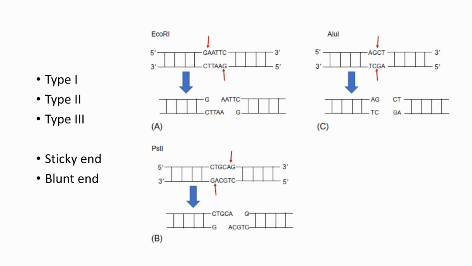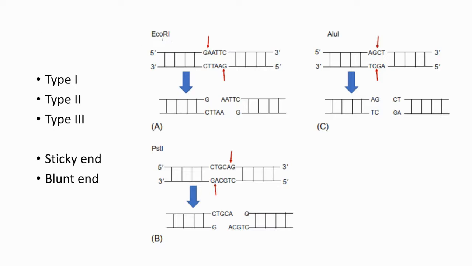And the recognition sites are typically inverse palindromic, which means you can read the same forward and backward on the complementary strand. Many type 2 restriction endonucleases recognize a hexanucleotide target site, which means 6 nucleotides. Here I give you some examples.